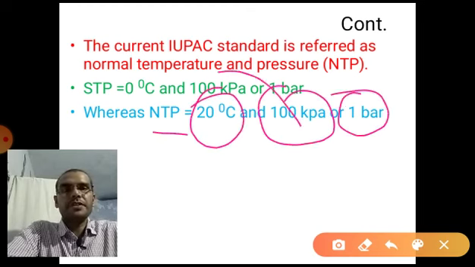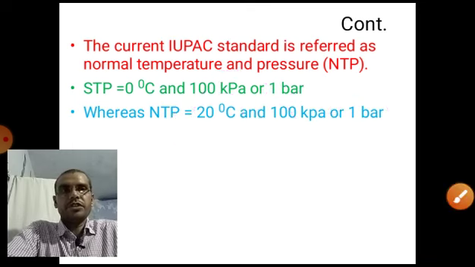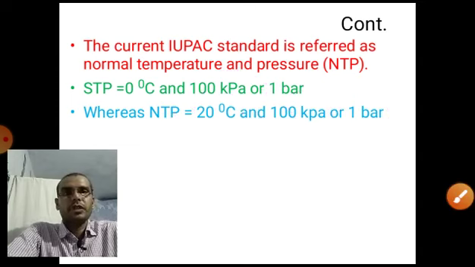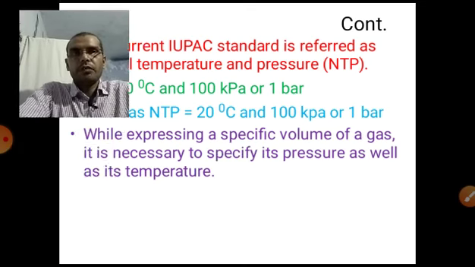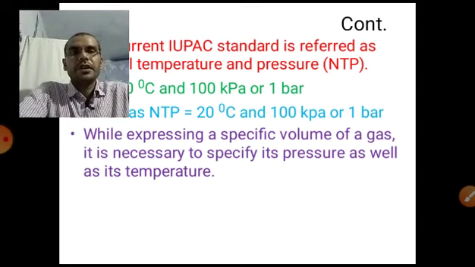So the pressure remains the same, but the temperature at NTP changes from 0 degree Celsius to 20 degree Celsius. While expressing a specific volume of a gas, it is necessary to specify its pressure as well as its temperature.